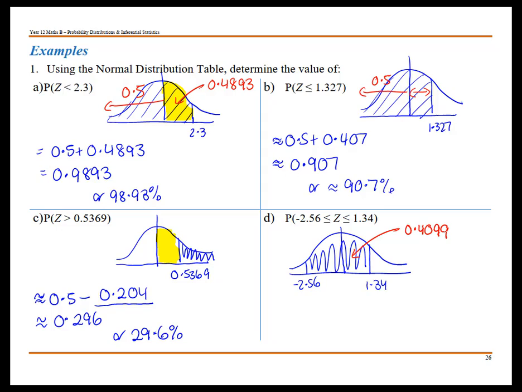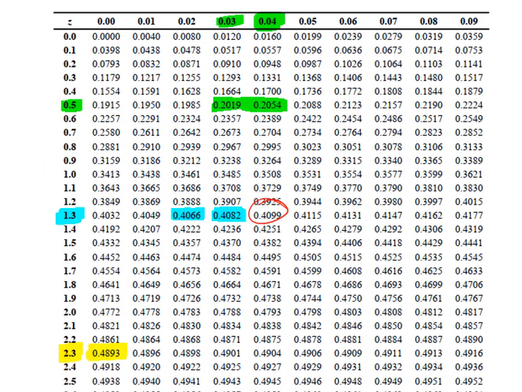0.4099. Then we go back and look up 2.56. 2.56 is there, so 0.4948.